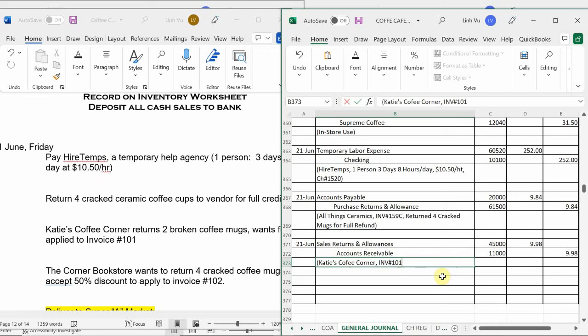And because we're going to give her a credit to it, put a letter C. So we know that we're making an adjustment to invoice number 101, which is the accounts receivable account that she owes me.